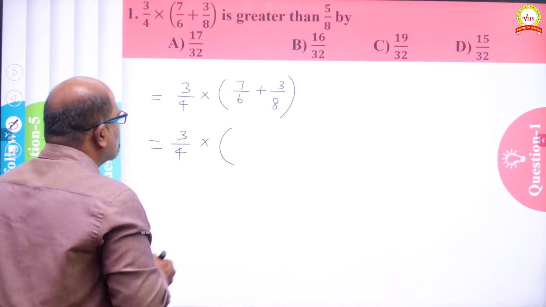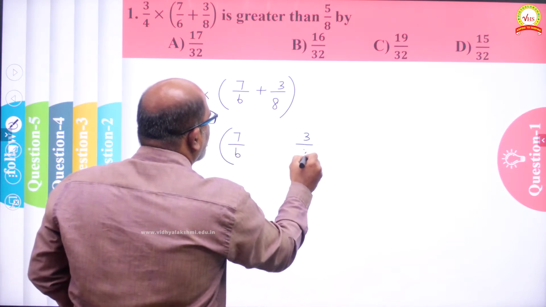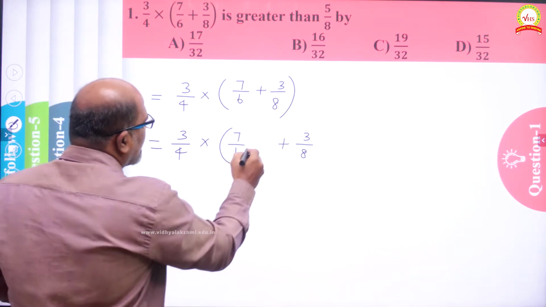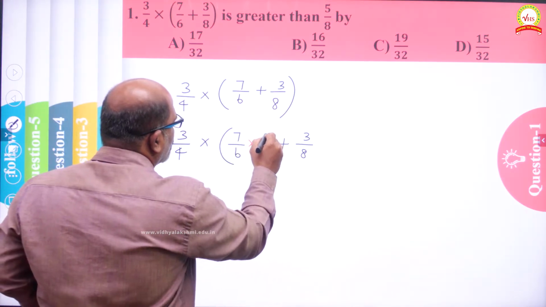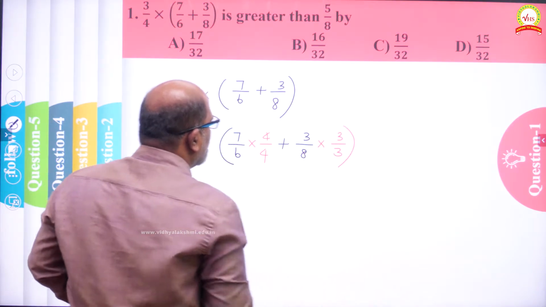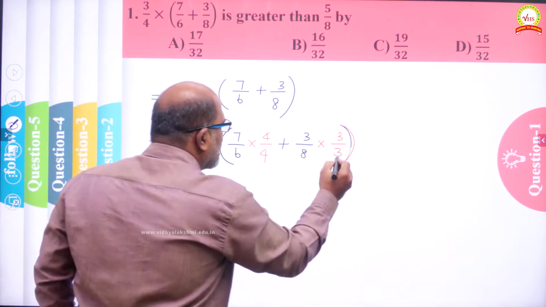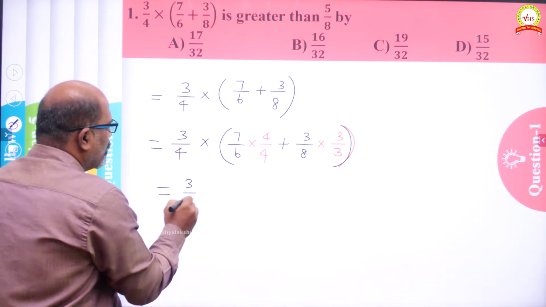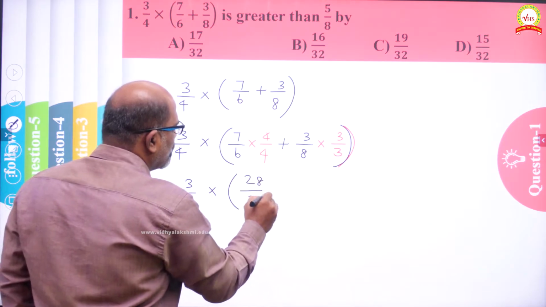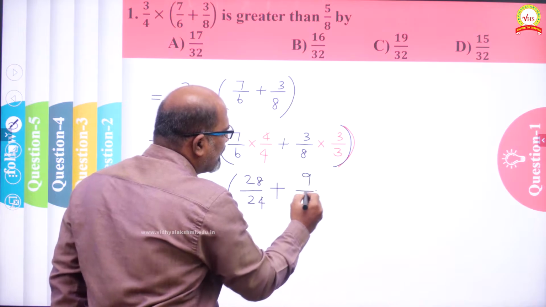So I need to make this 7 by 6 and this 3 by 8 have the same denominator 24, and for that I am multiplying here by 4 and here by 3. Then what I am getting, you can see, is 3 by 4 multiplied by 7 4s are 28, 28 by 24 plus 3 3s are 9, 9 by 24.